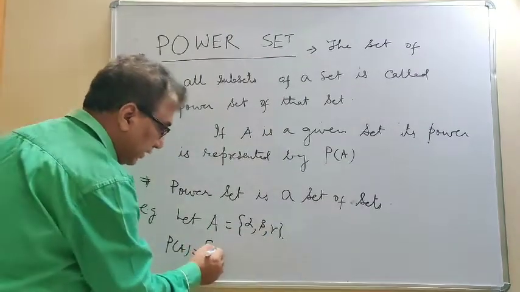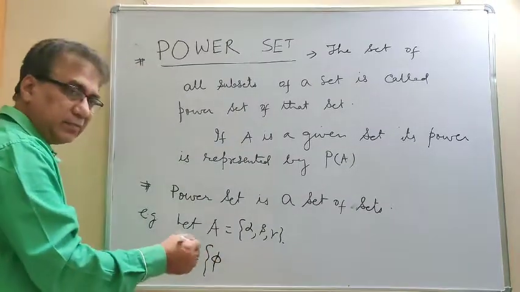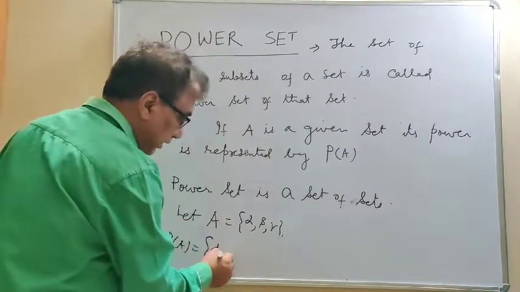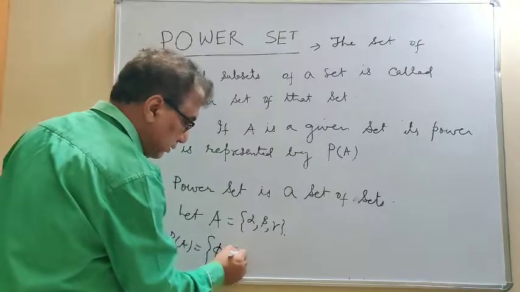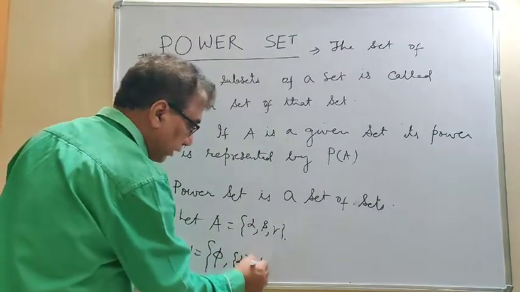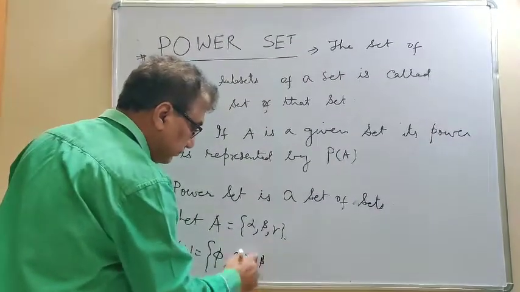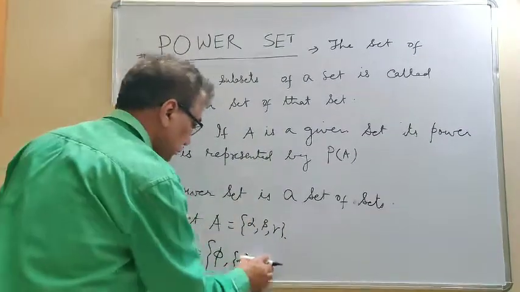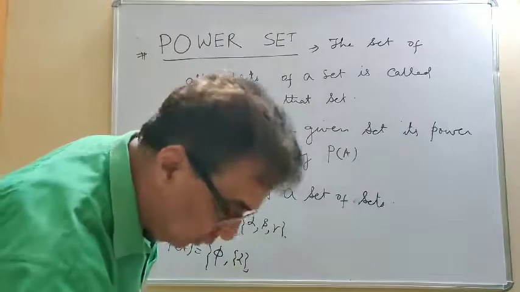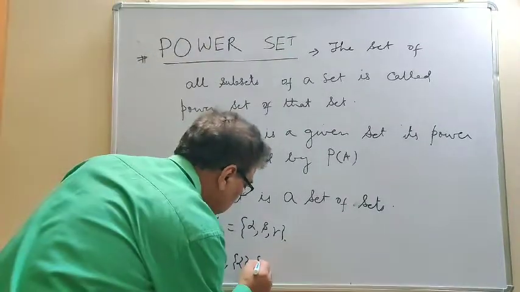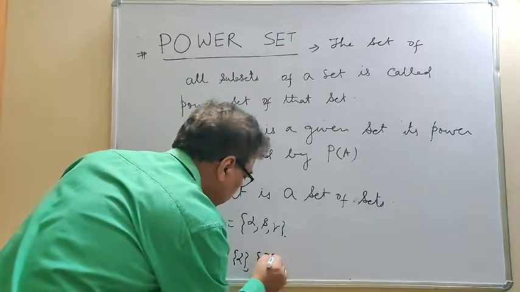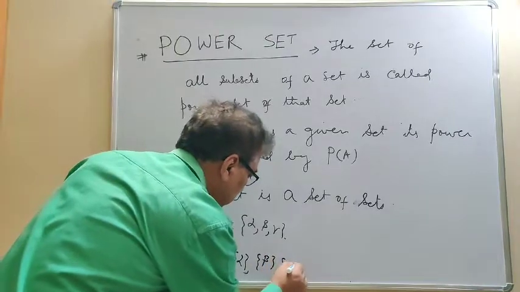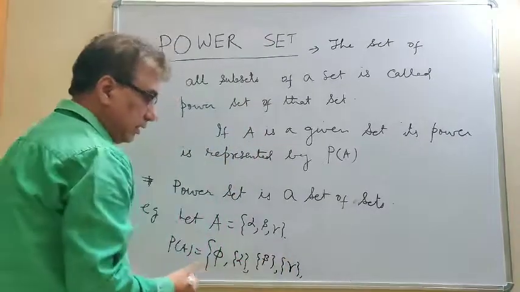So first I will take phi, because empty set is subset of all sets. Then I will take singleton sets in which we have only one element: {alpha}, {beta}, {gamma}, they are the 3 singleton sets.